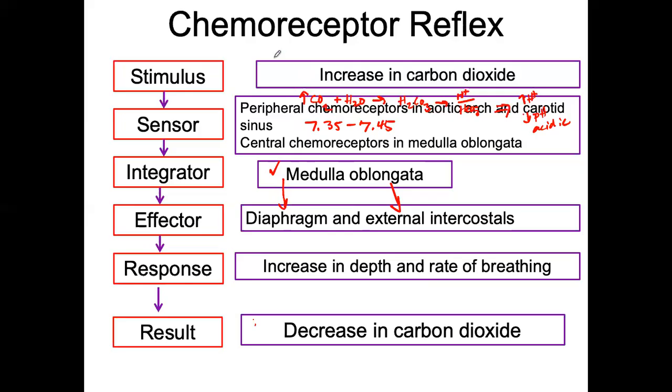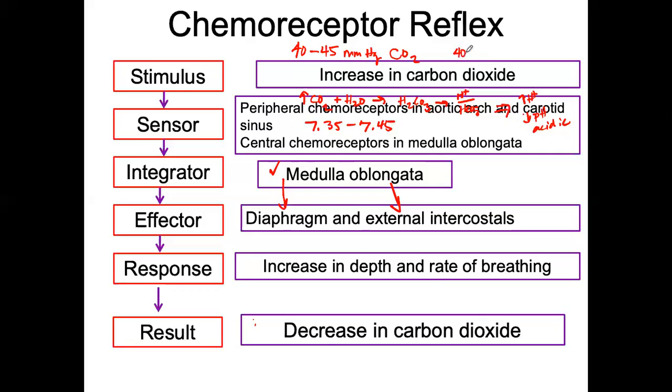So CO2 levels usually are around 40 to 45 millimeters of mercury, okay, for CO2. That's the range for CO2. For oxygen, it's different.